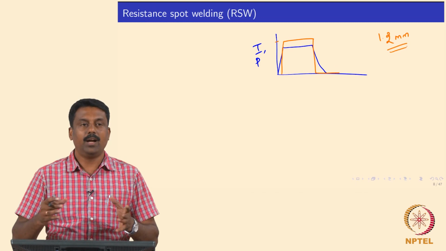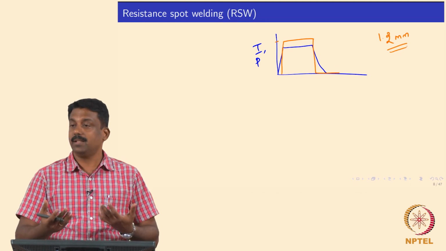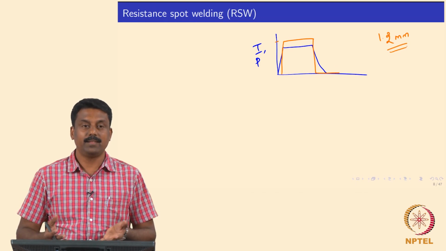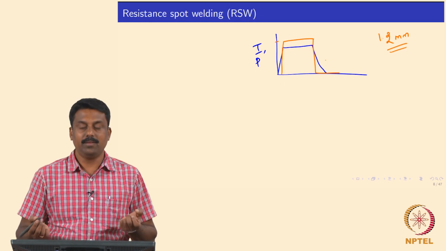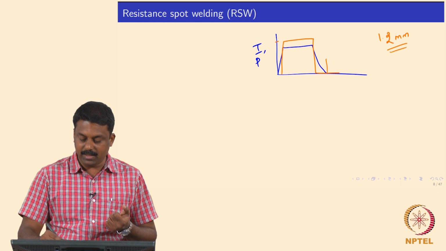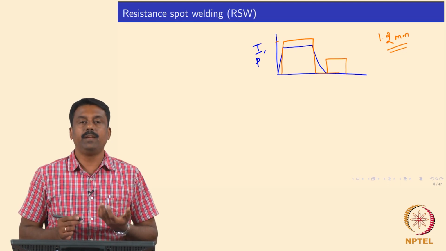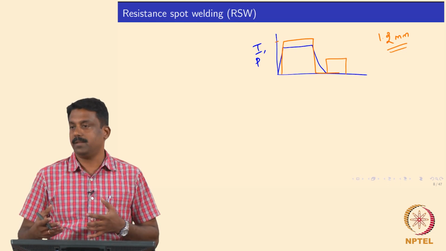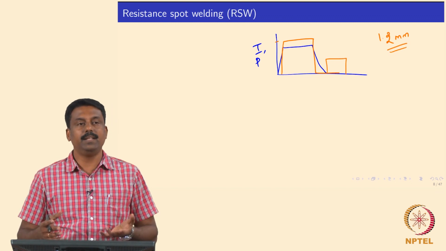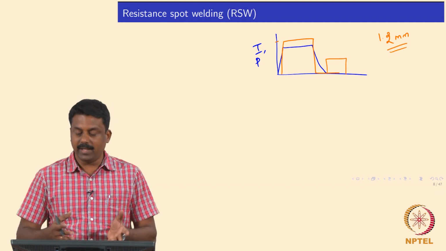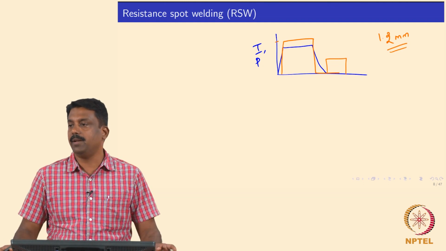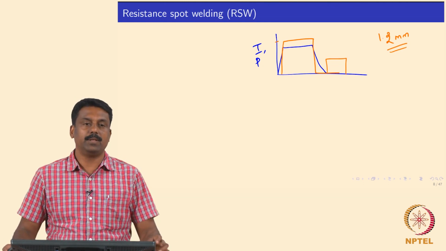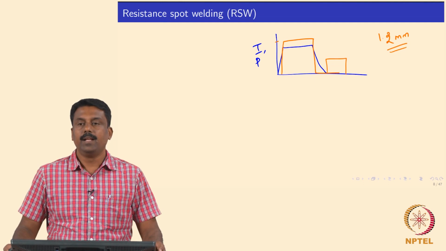If you want to introduce a post-weld heat treatment, you can also do it here in the same weld thermal cycle. So, apply a post pulsing: you will have a second current pulse which can go like that. That will give us a sort of post-weld heat treatment. So, various possibilities can be achieved by modifying the current and the load cycle we apply while applying the typical weld thermal cycle.